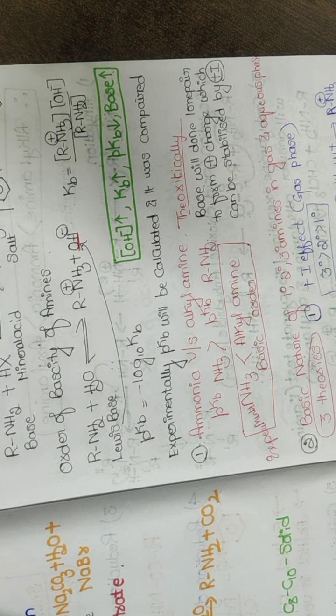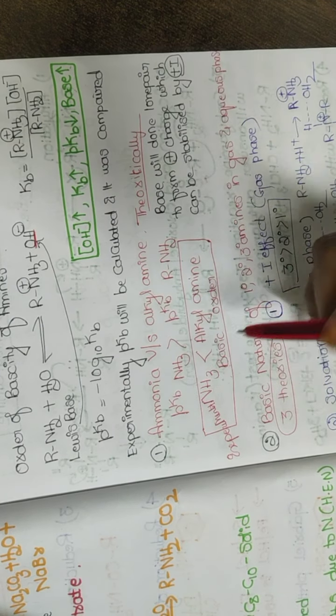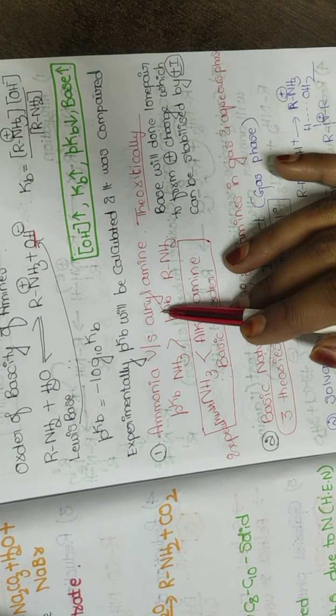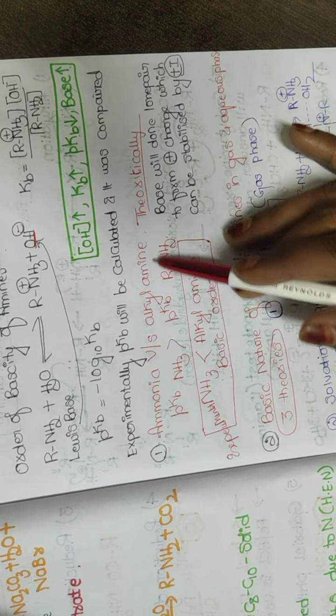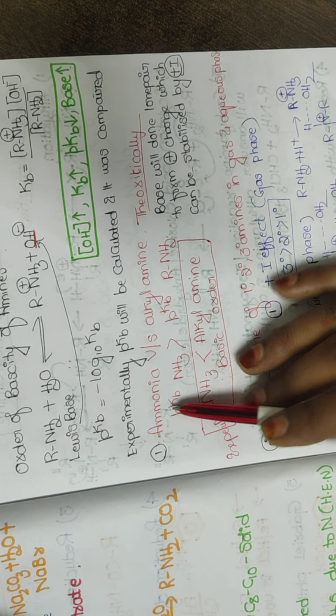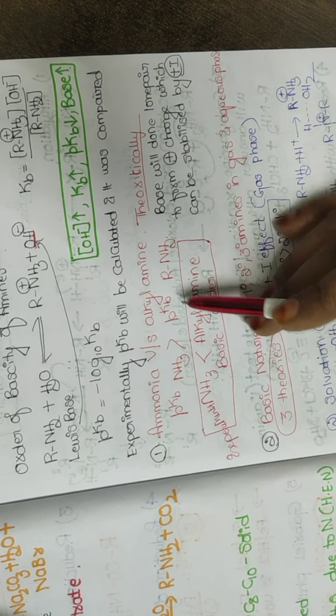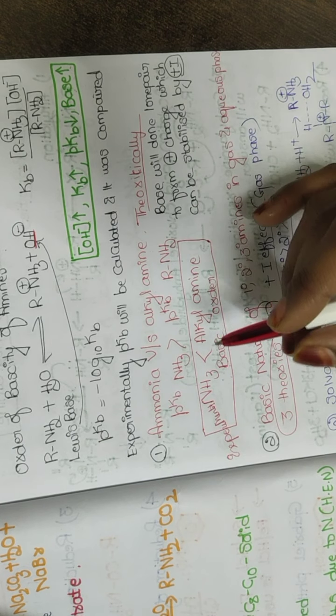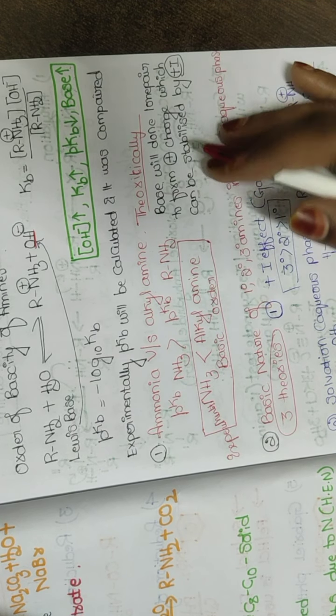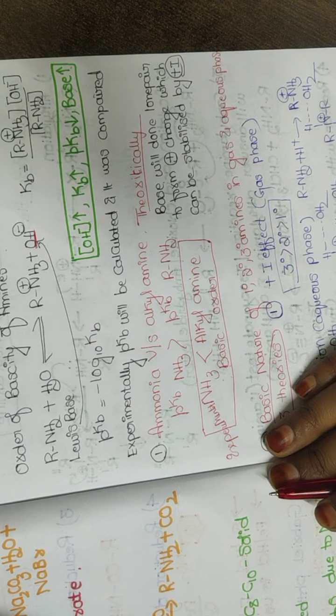Okay. So this is regarding the basic strength, deciding between ammonia and alkyl amine, where we said that alkyl amines are highly basic when compared to ammonia. Why is that? Because the cation so formed after losing a pair of electrons will be stabilized due to the positive inductive effect.